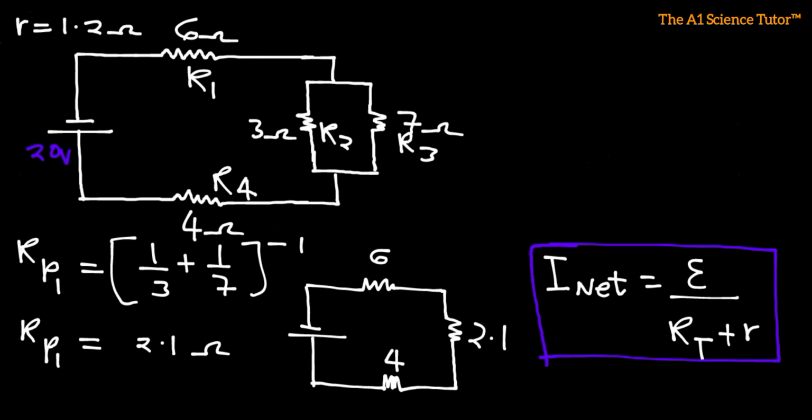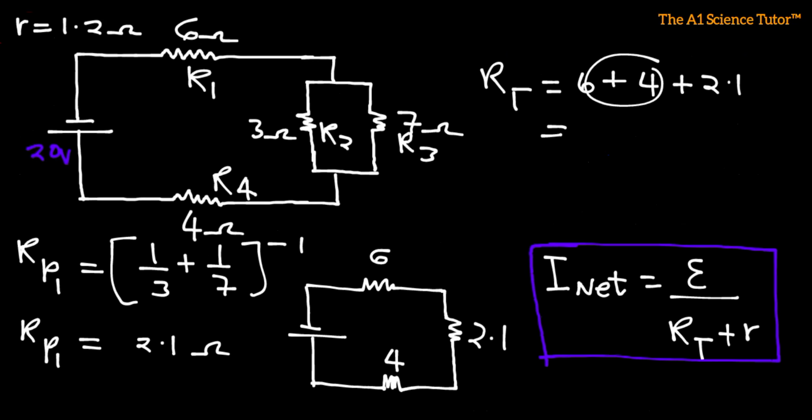So that gives us the total resistance for this circuit: 6 plus 4 plus 2.1. 6 plus 4 gives us 10, and 10 plus 2.1 gives us 12.1 ohms. So the total resistance within this circuit is 12.1 ohms.